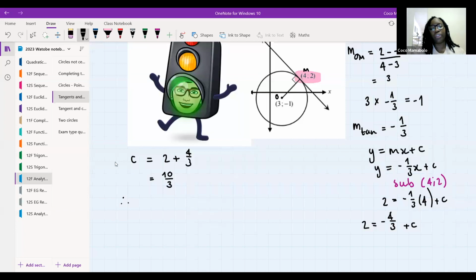Therefore, the equation of our tangent is y is equal to -1 over 3x plus 10 over 3. Give me a thumbs up if you managed to get that correct. Oh, Lisa's looking so chuffed with herself. Excellent, excellent.